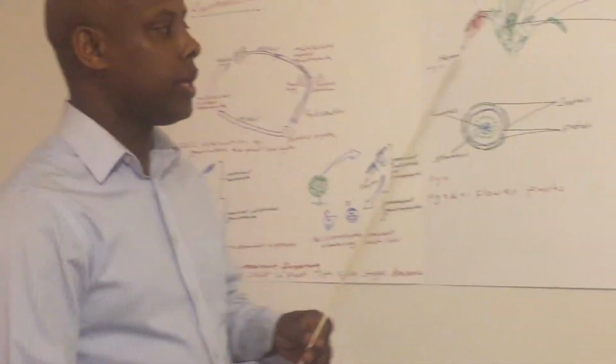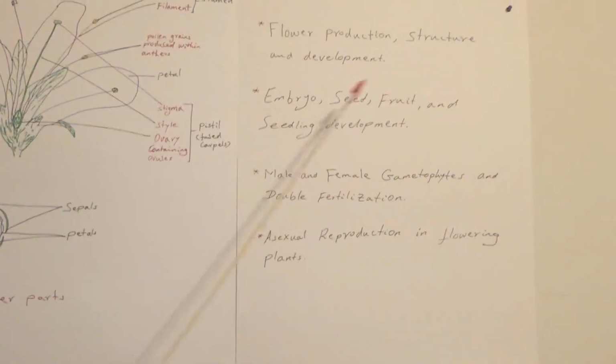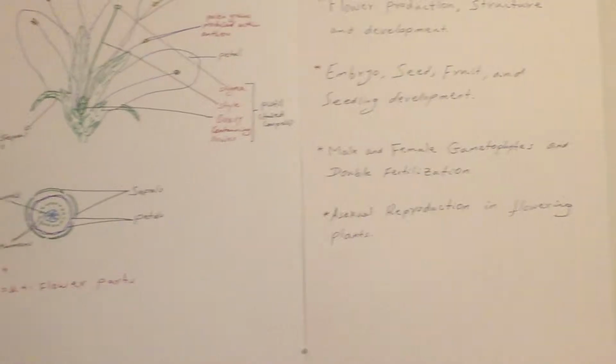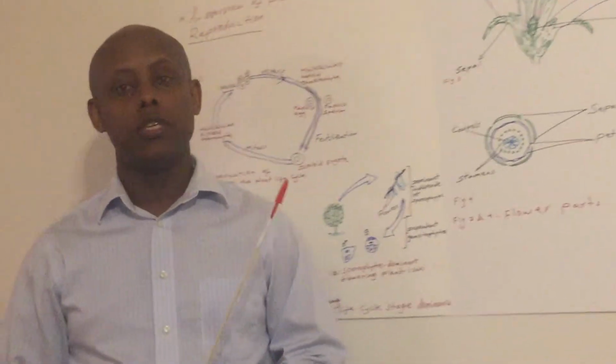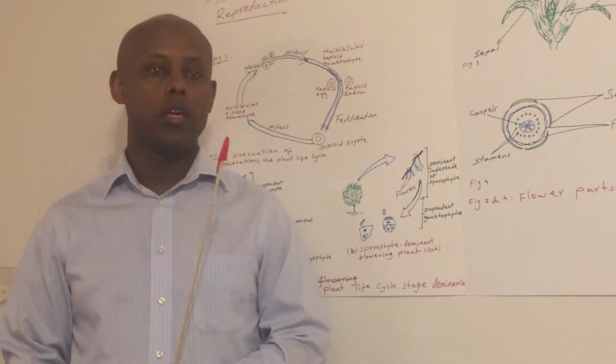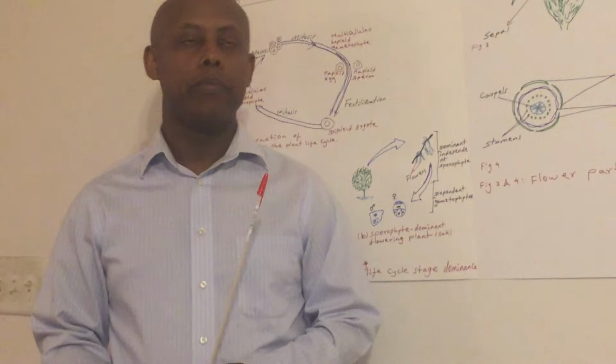As we go to embryo, seed, fruit, and seedling development, the unique division of a zygote leads to the development of a nutritive suspensor and an embryo.